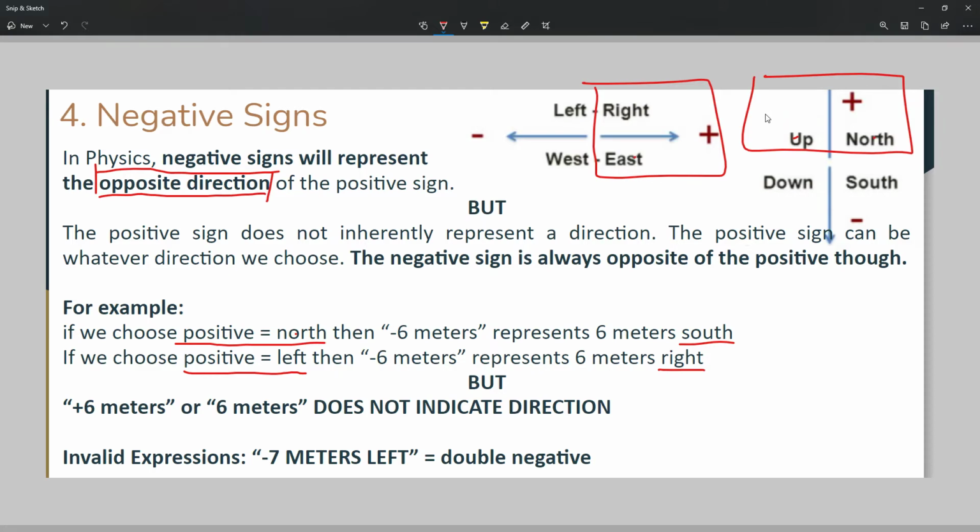But for the questions that don't adhere to the most common assumption, where right and east is positive, well then you have this definition. A negative sign is the opposite direction of the positive.